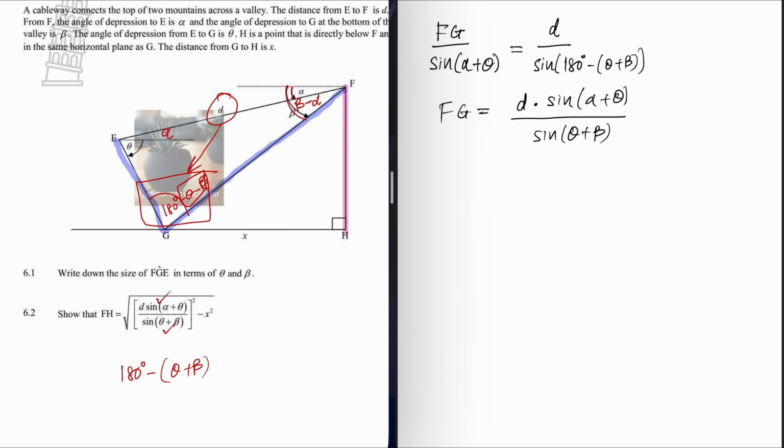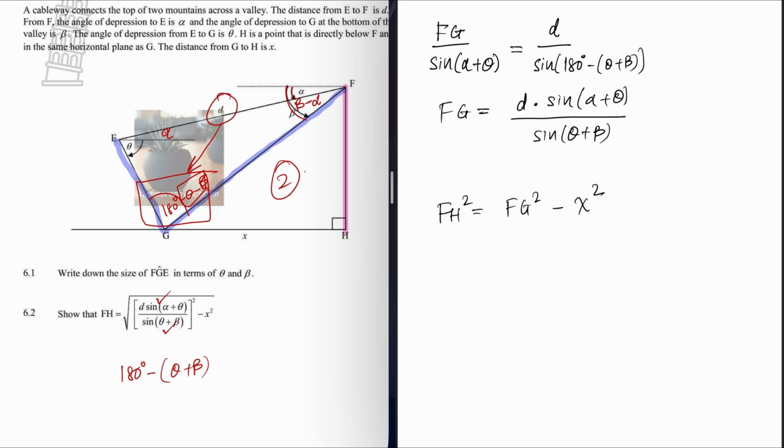This is triangle 2, and we can apply Pythagoras to calculate the value for FH. So we can say that FH squared is going to equal FG squared minus x squared.